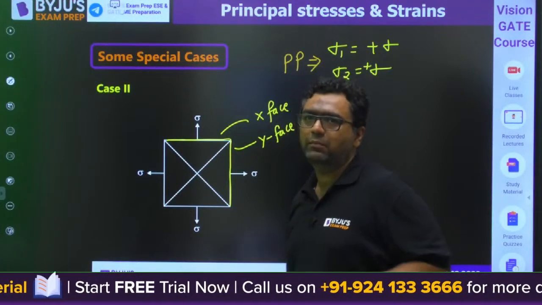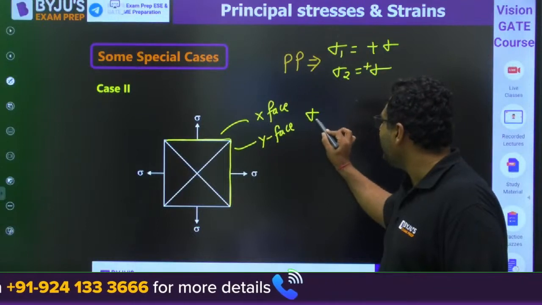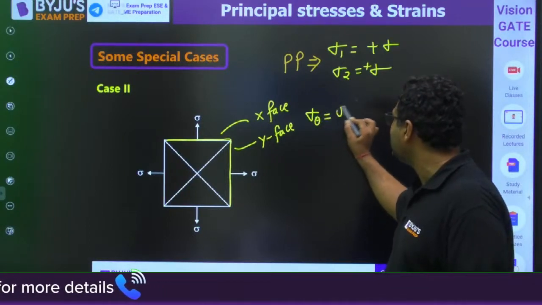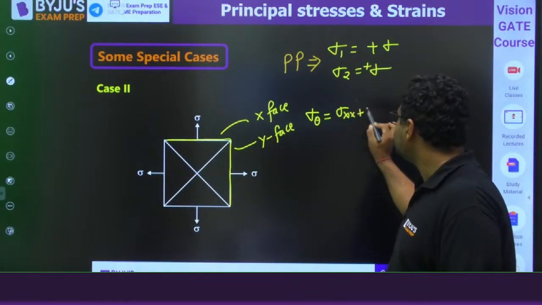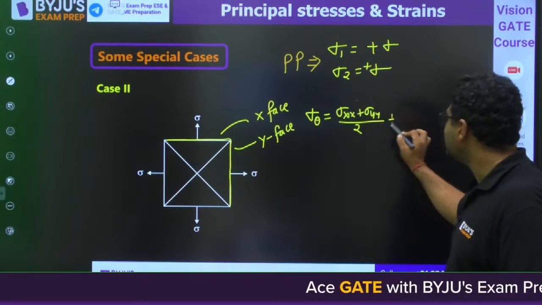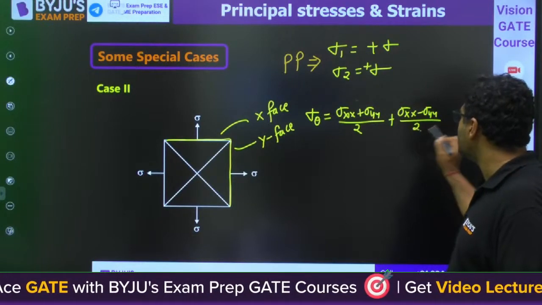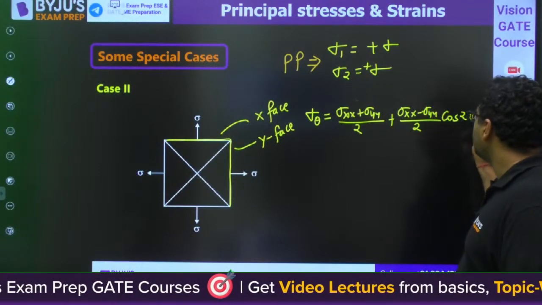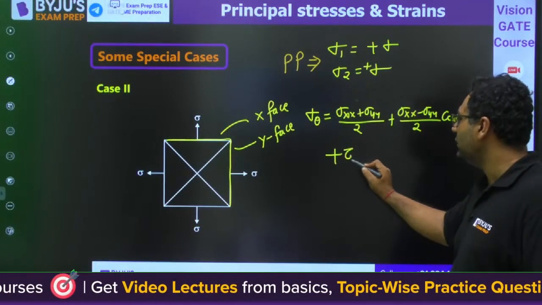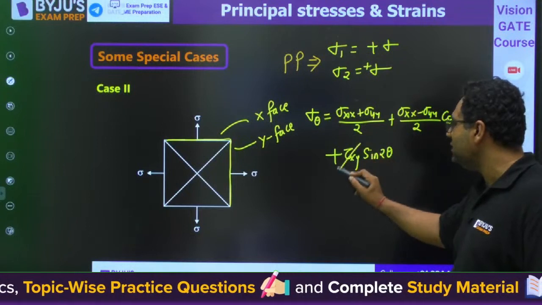What is that problem? You know that we already have found out sigma theta as sigma xx plus sigma yy by 2, as this is a special case, plus sigma xx minus sigma yy by 2 cos 2 theta plus tau xy sin 2 theta. So my dear, you already know for this case tau xy is 0.